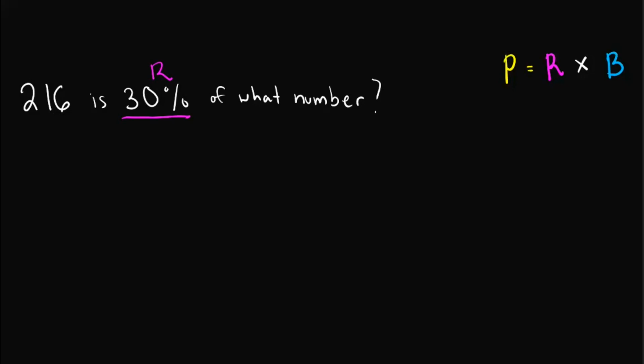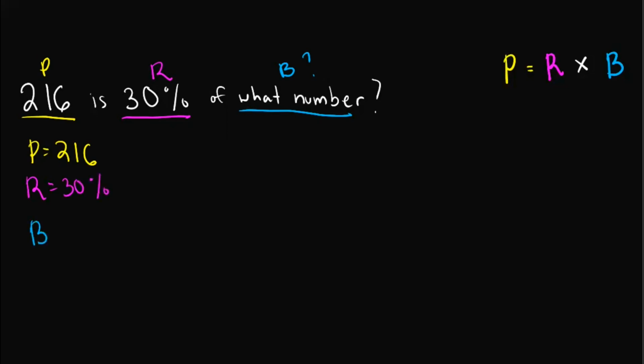Well, observe here on the right that there is a keyword "of" before this one. So this one must refer to the base. So what we are finding is actually the base this time. So 216 must be the percentage. So we can write this one as P equals 216, R equals 30%, and the base as the one that we need to find.